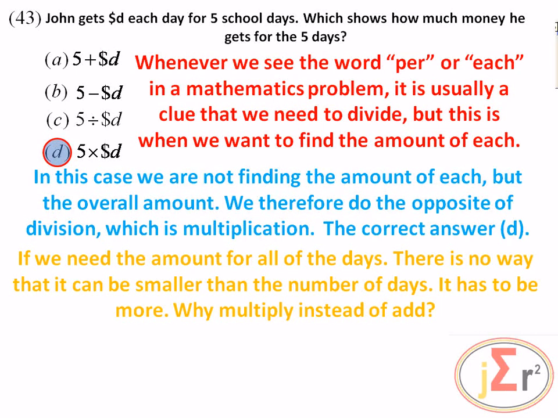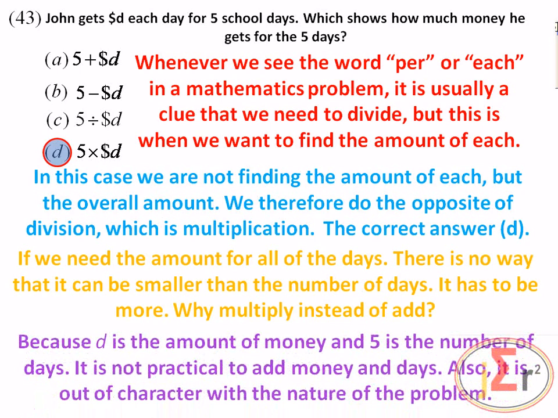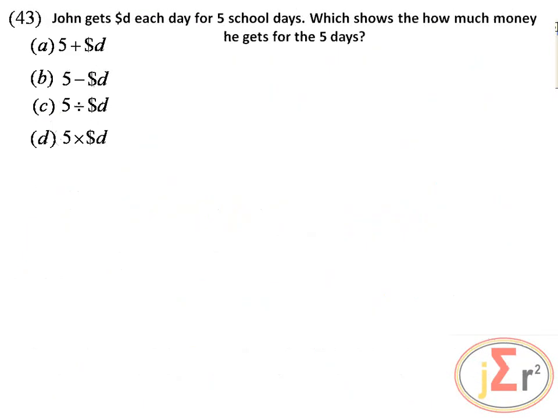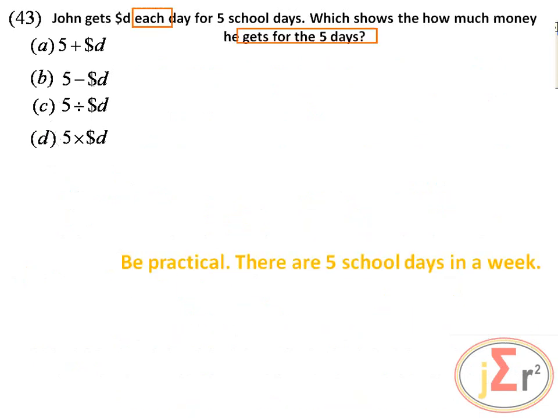But why do we multiply instead of add? Because D is the amount of money and 5 is the number of days. It is not practical to add money and days. Also, it is out of character with the nature of the problem. We have the same problem there.